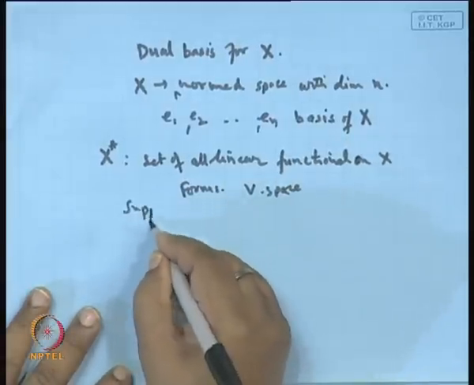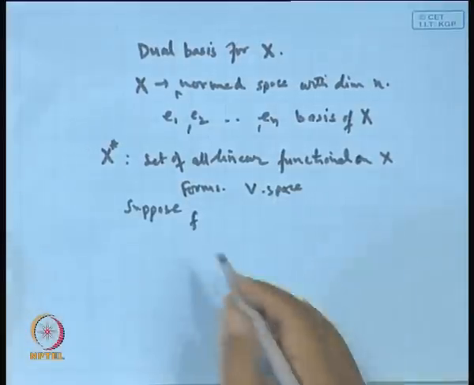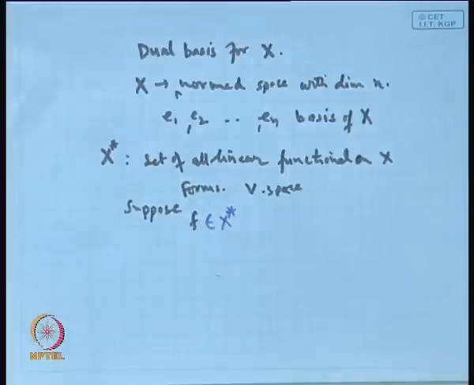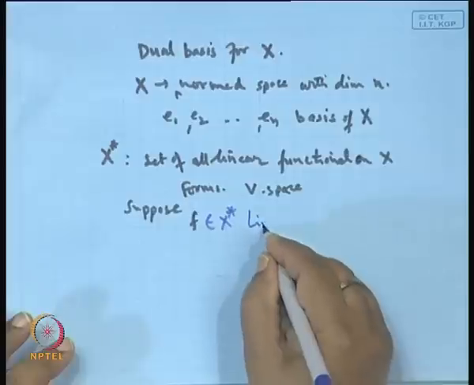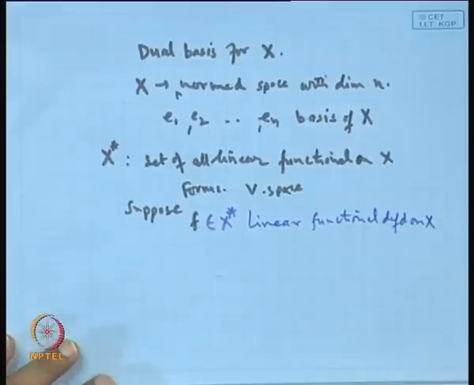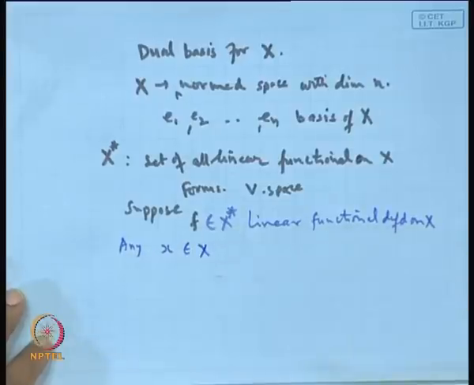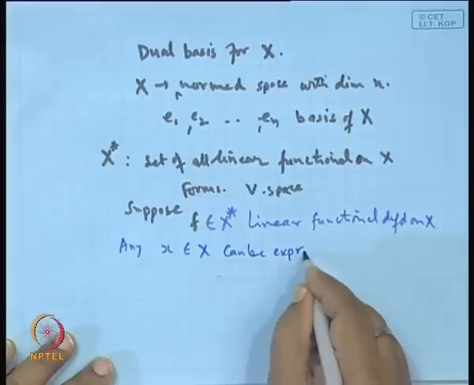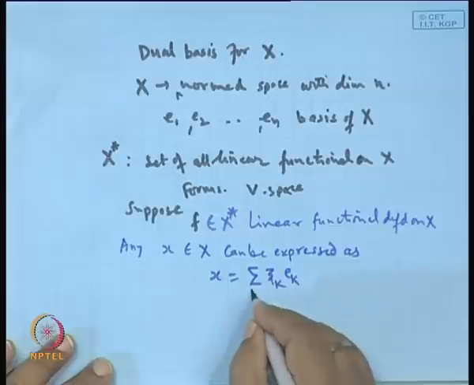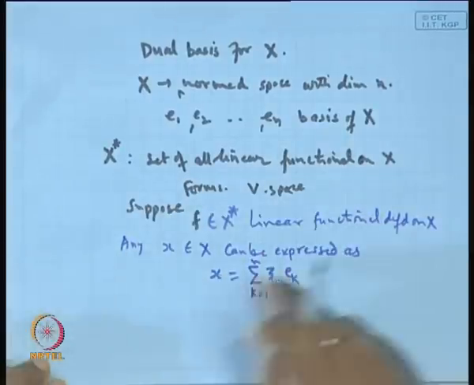So, suppose f is an element of X star, that is a linear functional defined on X. Any element x belonging to capital X can be expressed in terms of the basis elements as the sum of xi k e k, where E1, E2, ..., En are the basis for X. f is a linear functional defined on it.